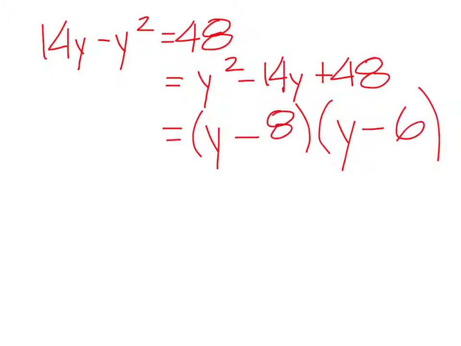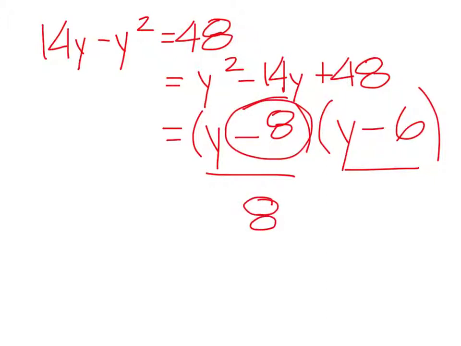Negative 8 times negative 6 is positive 48, but they add to give you a negative 14. Now you can set each of these equal to 0 and solve, but the shortcut is this. Whatever that is, it's the opposite. So this is 8, and this one is 6.